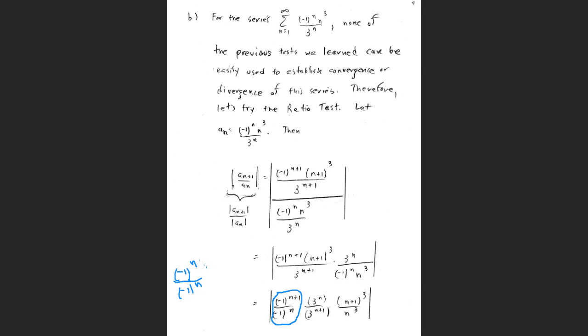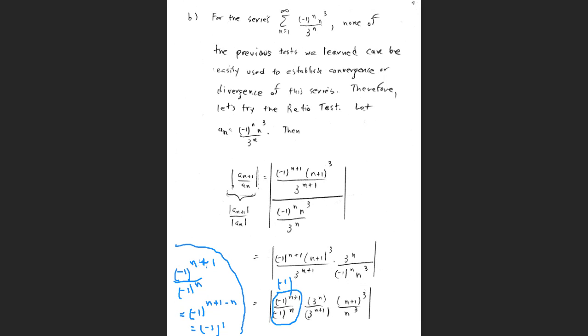The bases are the same, so what do you do with the exponents? Okay, Ange, good. So you're going to subtract the exponents. So n plus 1 minus n, and that's going to give you -1 to the first power. So this is -1, just -1, right?